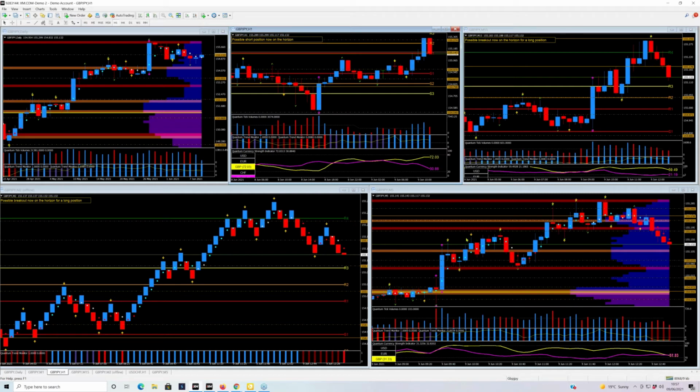This is the 5 chart setup that I have for MT4. This is the daily, the hour, the 15, the 5, and this renko. Now the renko chart really comes into its own. Those of you who come along regularly, those of you who read my posts on Facebook will know I am a passionate advocate of the renko chart, and the more I use it, the more I explore what it can do, the more I am so impressed with it because of what it can tell you and how it can help you.